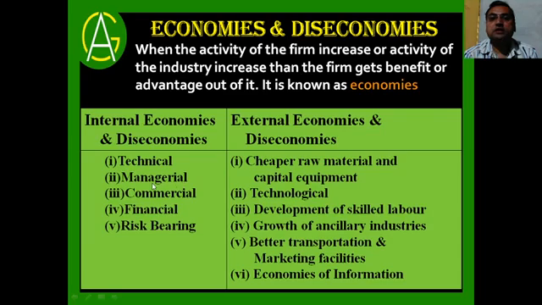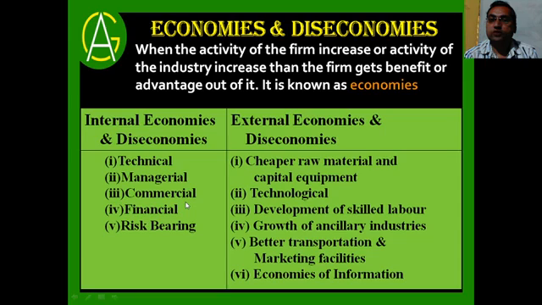Commercial economies and diseconomies: small size firms do not have much experience in commercial activities such as accounting and advertising. These activities will not be performed efficiently by small firms, so commercial diseconomies will be there. But for large size firms, commercial economies will be there, because they can do better advertising and manage their accounting efficiently.